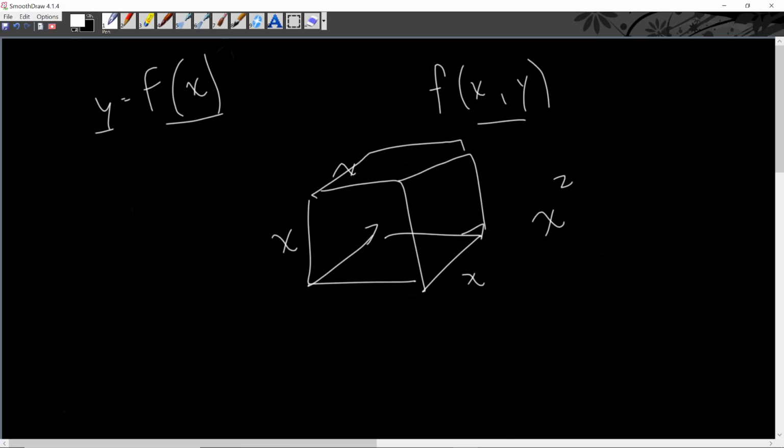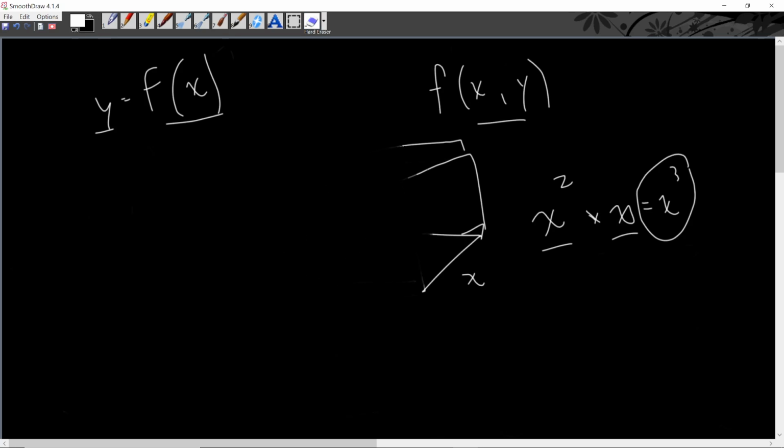You are going to get x times x, not x squared times 3. It's going to be x squared times x, which is x cubed, or a cube, right? And if you could solve for area of the base and then you added another dimension, you're going to be solving for volume. That's what we're doing when we do multiple integrals.